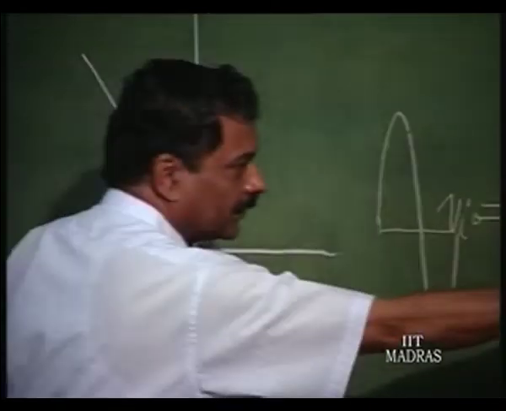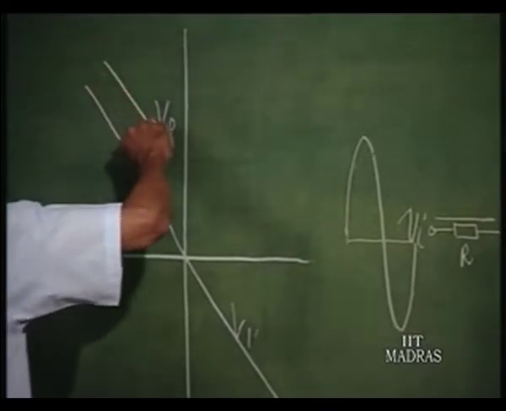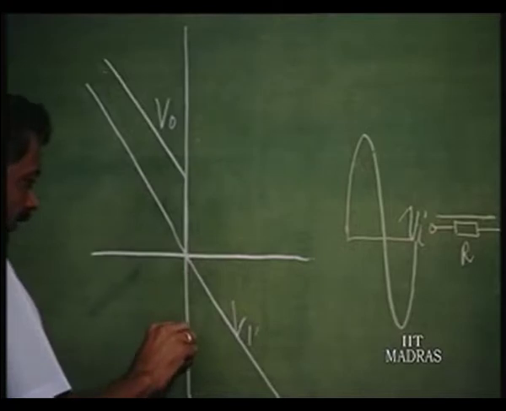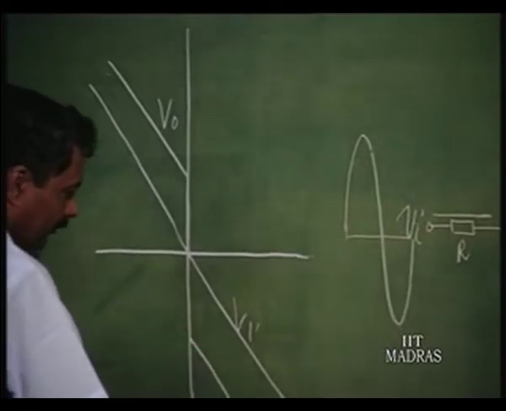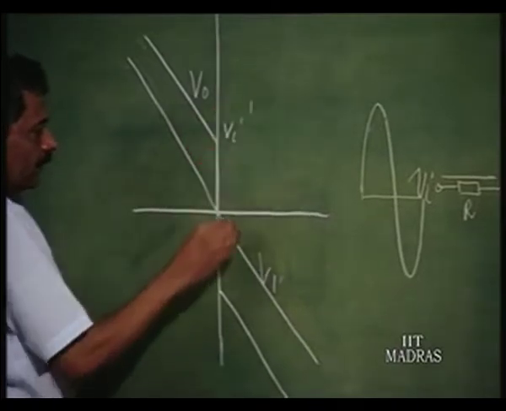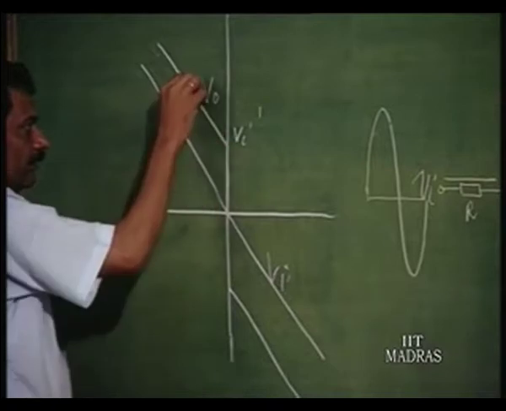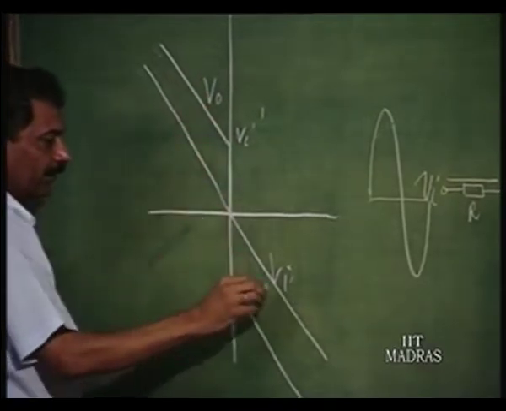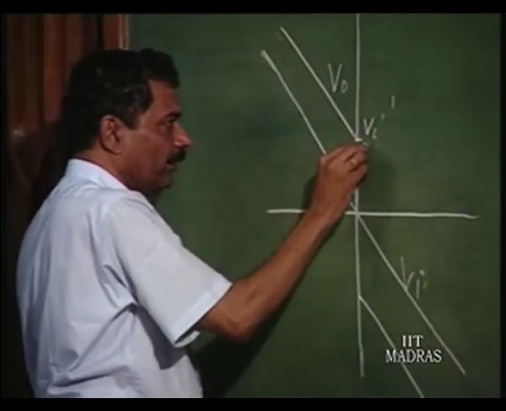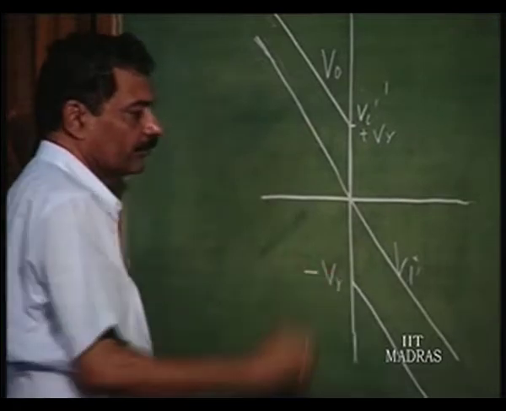As far as this is concerned, this is going to be linear after a voltage of V gamma. So, this is V naught versus V I dash, V naught versus V I. This is going to be plus V gamma, this is going to be minus V gamma.